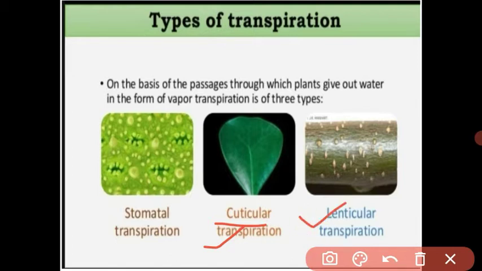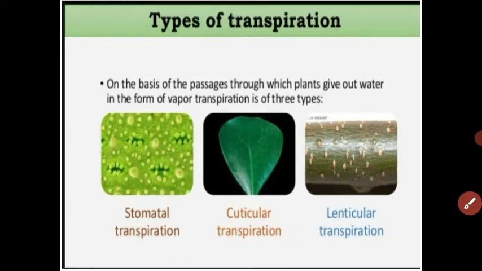Lenticels are small permanent openings present on the surface of the stem. During the night time, when the stomata are closed, water is evaporated through the lenticels. This is called lenticular transpiration.